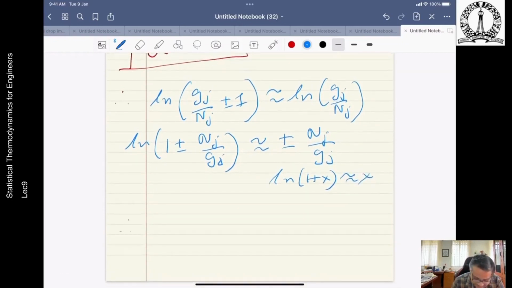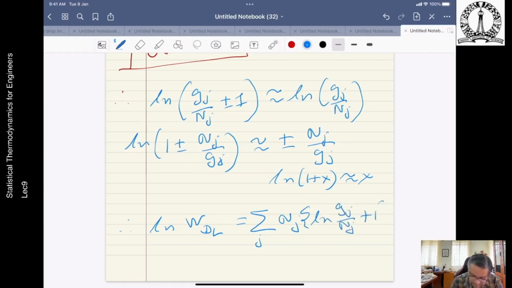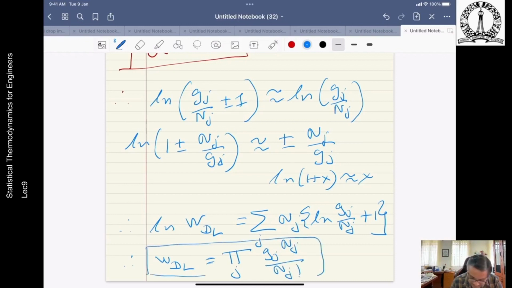So therefore, ln W in the dilute limit is basically nothing but the summation over j of Nj ln(Gj by Nj plus 1). So in the dilute limit, W is Gj raised to the power of Nj by Nj factorial. This is the final step that you get.